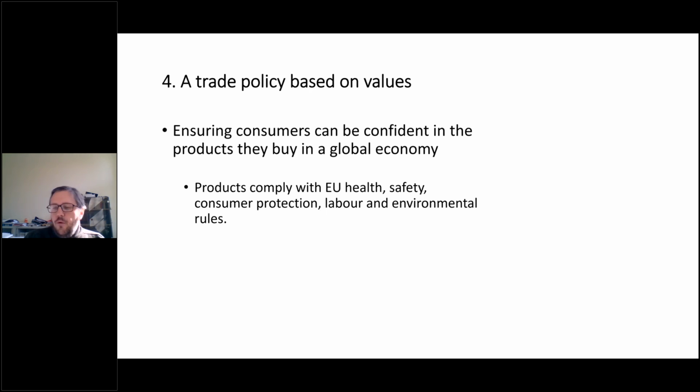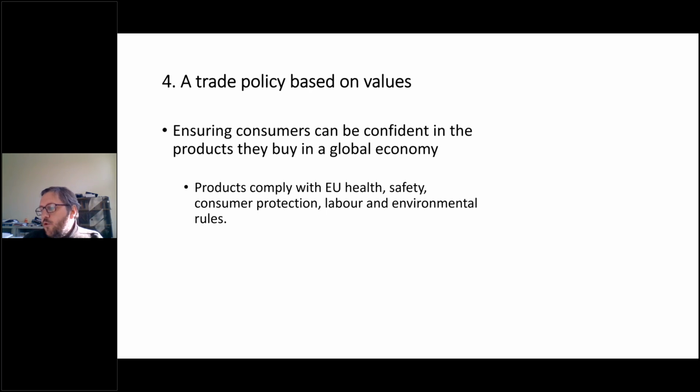Products have to comply with a whole series of EU health, safety, consumer protection, labor and environmental rules and standards. And the lecture you attended by Amy Bradford really focused on that. And it's not only that products made in the EU should comply with all these criteria, but also very importantly, all the products which are imported here.